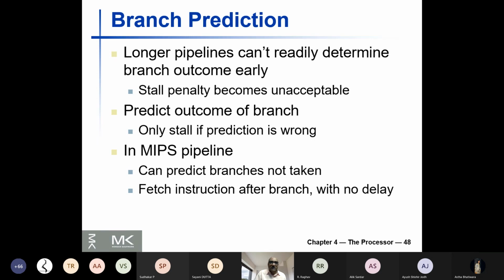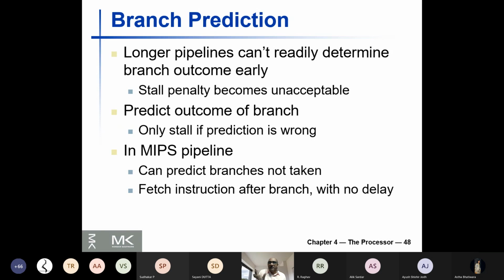If you predict the branch is taken, the target address will not be the immediate instruction, it will be something else. Then you need to provide that branch address in the instruction fetch stage itself. If you can do that somehow, then you can avoid that stall.